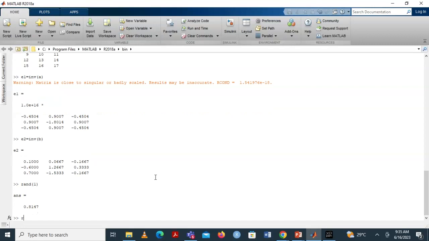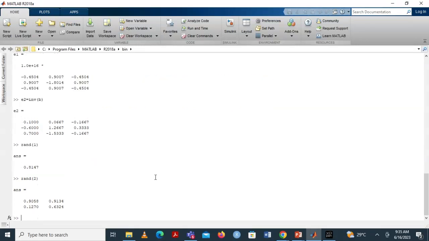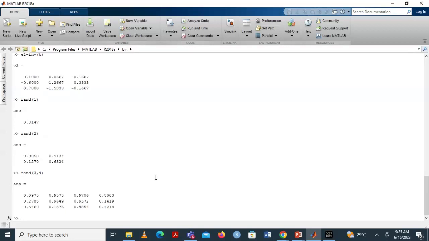If I say rand(2), it has generated a 2 by 2 matrix. If I also say rand(3, 4) and press enter, it will generate a 3 by 4 matrix.